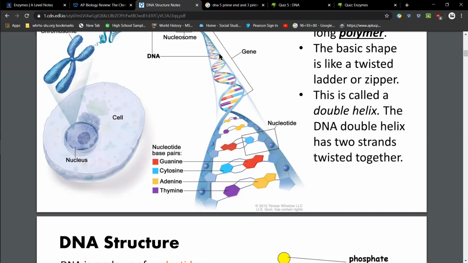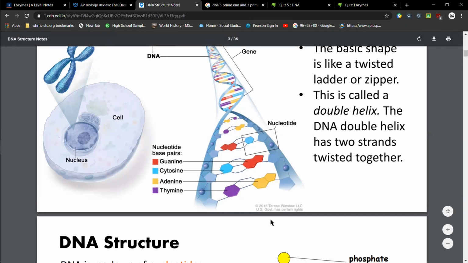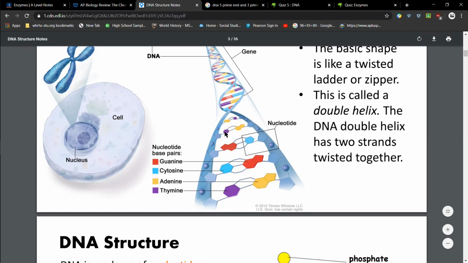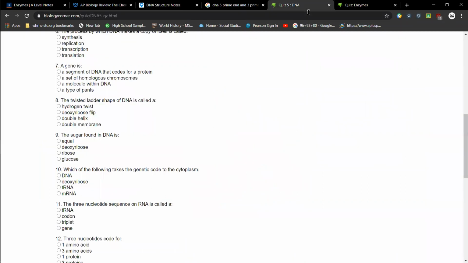Now, if you look up this chain, you will never see an adenine bonding with anything but thymine. Adenine always binds with thymine. So if you have an adenine here, it'll bind to a thymine. That's really important. So that's the structure of DNA, but there's one more thing that you guys have to know.